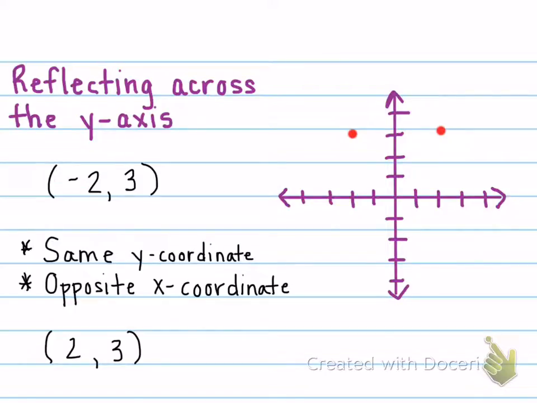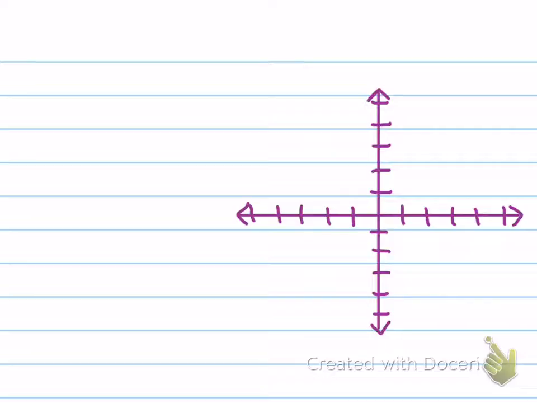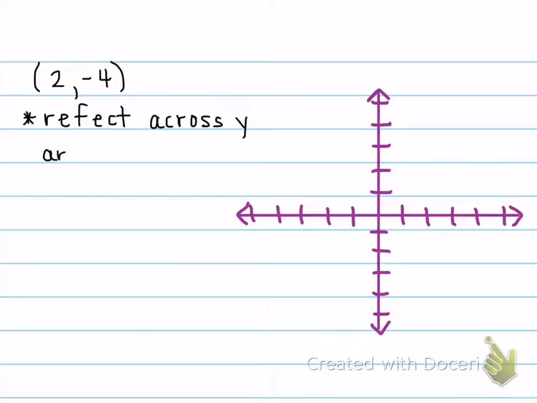Now sometimes you're going to have to reflect twice. So let's say, for example, I give you the ordered pair 2, -4, and I want you to reflect across y and then x.